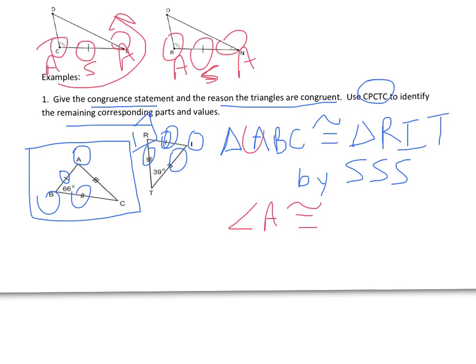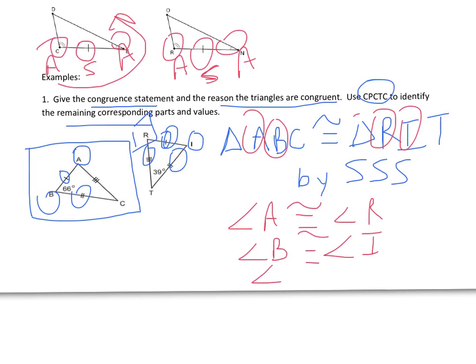Notice A is my first thing in the congruency statement, so I'm going to go to angle R. Angle B is congruent to angle I, if I'm matching up my second letters, and angle C is congruent to angle T. So that would be the remaining things, because the three sides are already shown to be congruent.